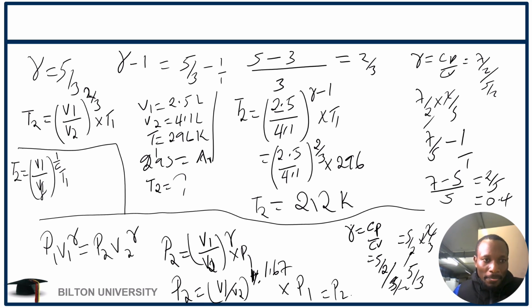For example, we know that C is equal to Cv over R, and let's take a monoatomic gas. For monoatomic gas, Cv is equal to 3 over 2 R, so R cancels R, and we remain with C equal to 3 over 2. Because it is 1 over C, it's the same as 1 over 3 over 2, and that's going to be 2 over 3.